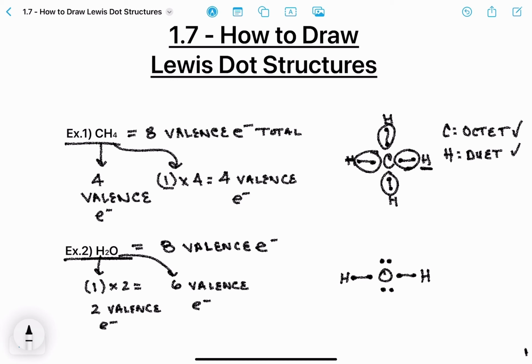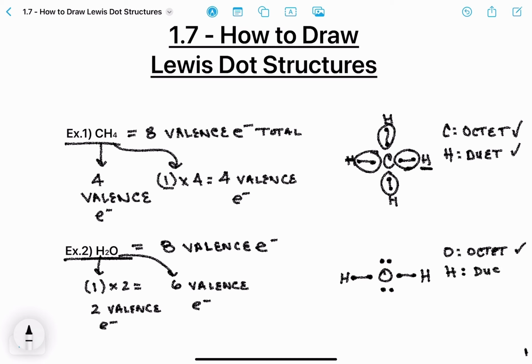I'm going to check if each atom is satisfied. Does the oxygen have its octet? We have 2, 4, 6, 8. Yes, it does. Next we have hydrogen. Does hydrogen have its duet? Both of them do.